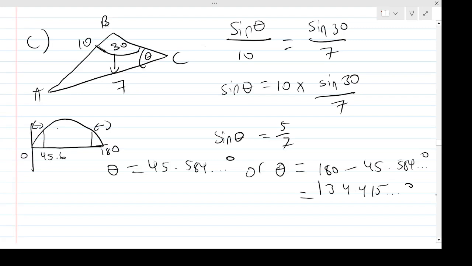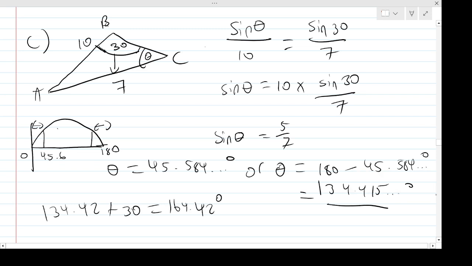But to confirm to myself it's true, if I check by adding this 134.42, add this other angle in the triangle 30, that will get me 164.42. So that's clearly less than 180, so that would be fine. And actually, therefore, the other angle in the triangle would be 180 take away that, which would be 15.6, roughly, there.